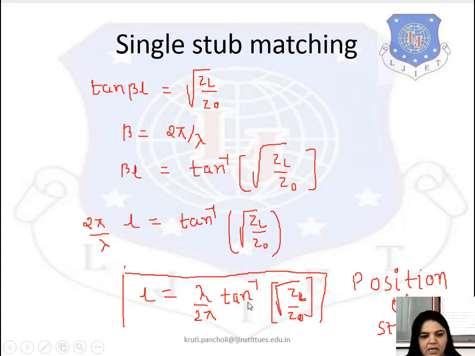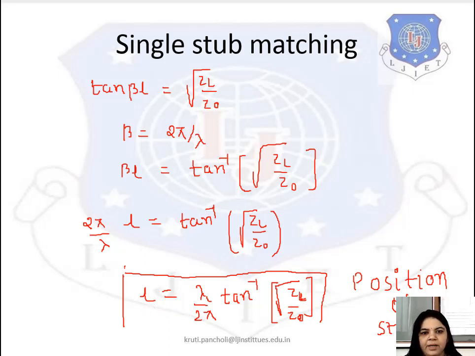What is this L? That L shows the position of the stub. So where do we have to put the stub? By putting the values inside this equation, we can get the idea about the position of the stub from the load.